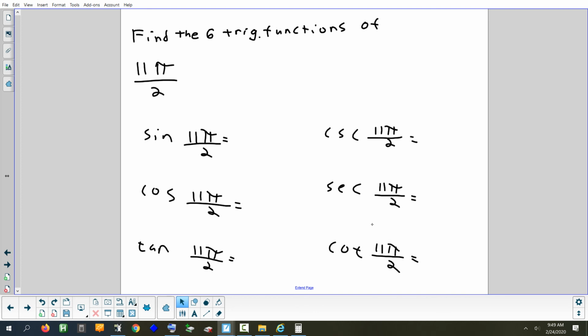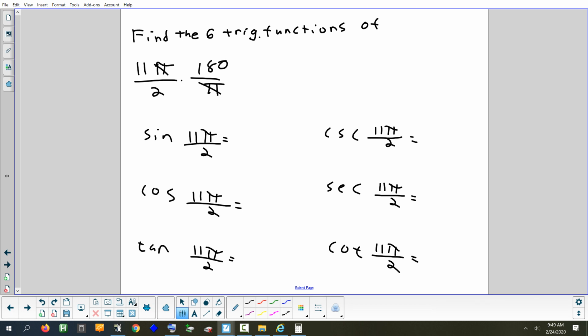All right, so let's take a look and finish this one up. So in terms of what you're going to have to do in this one, it's pretty much exactly the same steps as the last one. What's the first thing you would want to do with the 11 pi over 2? Yep, change to degrees. And what did you multiply by to do that? Yep.